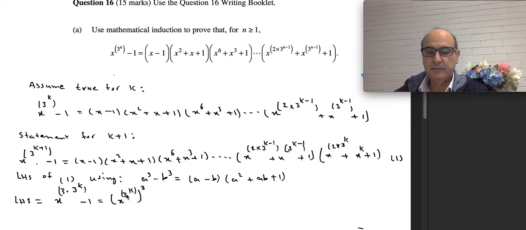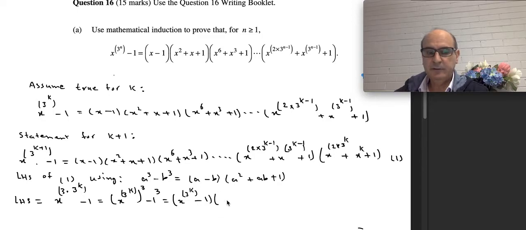Remember that when you have two powers, you multiply the powers together. Now I've got this form because 1 cubed is the same as 1. So my A is now x to the power of 3 to the k and my B is 1. That becomes x to the power of 3k minus 1.